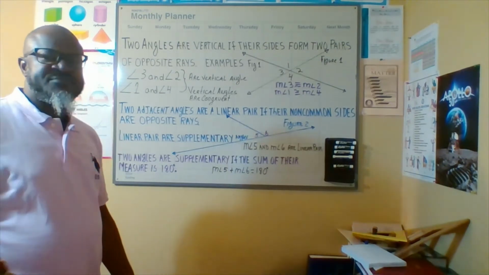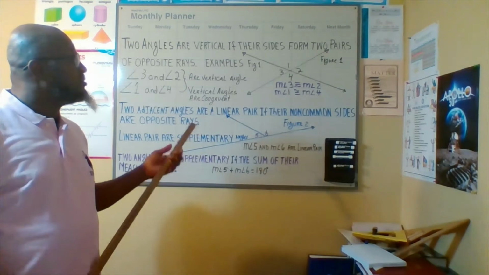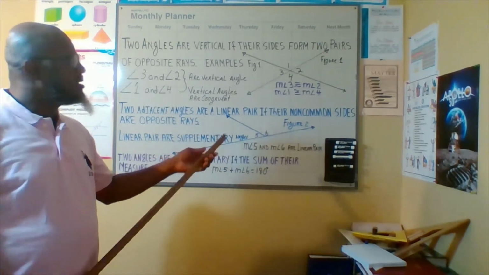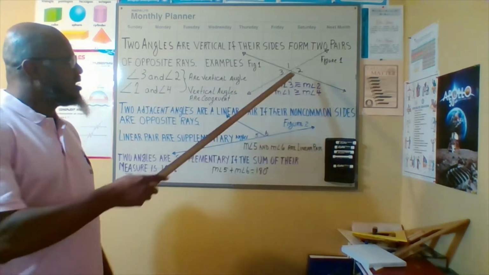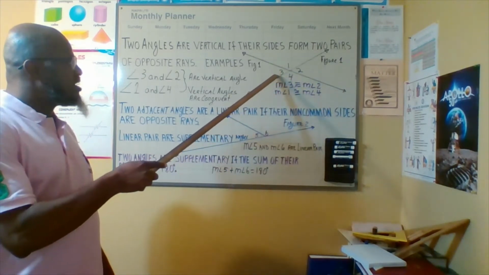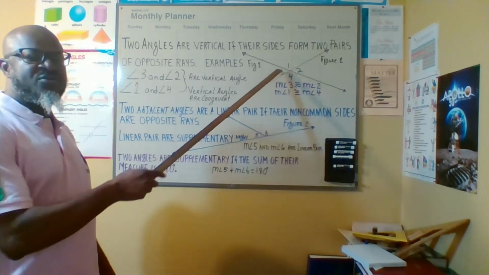Let's look at figure 1, where you have two lines that intersect. In this case, angle 2 and angle 3 are vertical, and angle 1 and angle 4 are vertical.